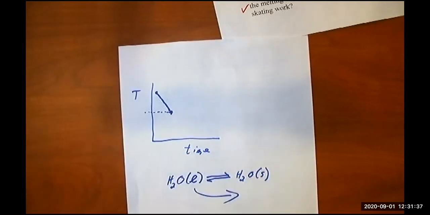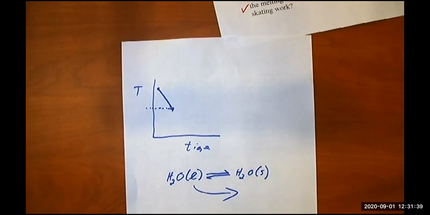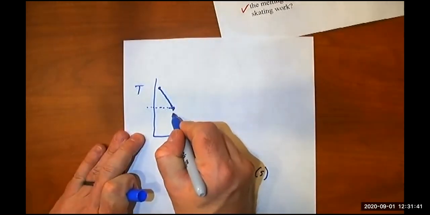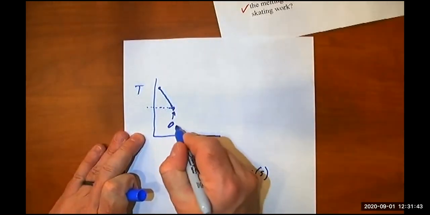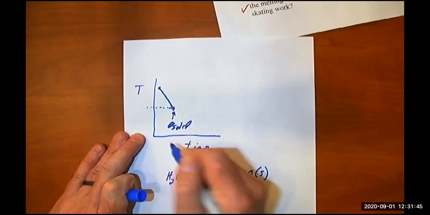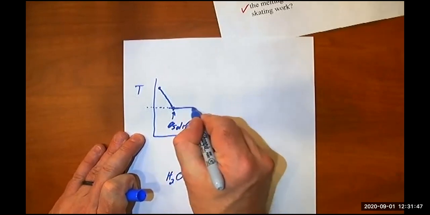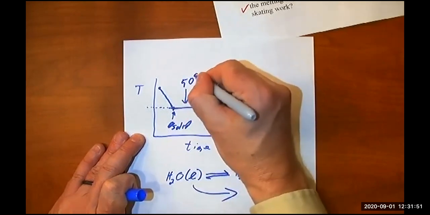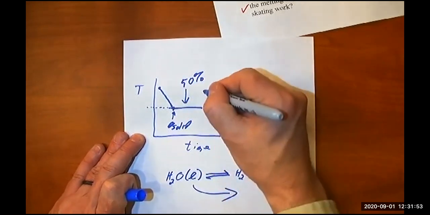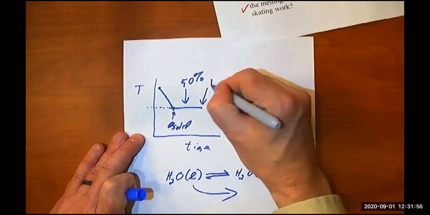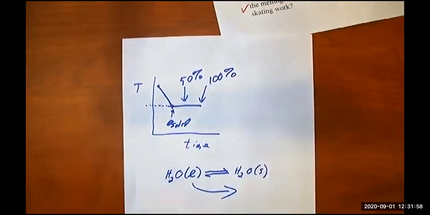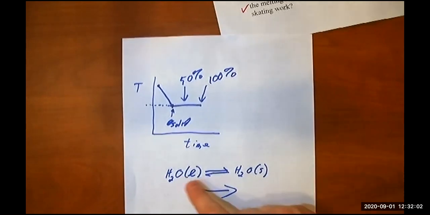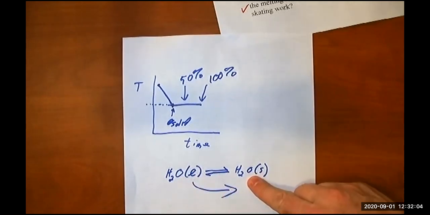So for a while, you start at this point with 0 solid. You stay at the same temperature for a while. You get somewhere along here, 50% of it is liquid, 50% of it is solid, and then you get to a point that is 100% solid. Because the heat that is being removed is driving the phase transition, not a change in temperature at that point.